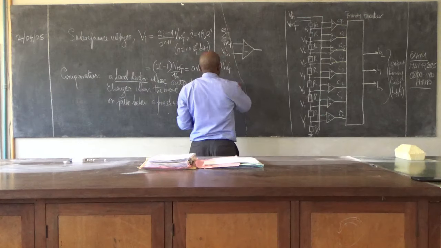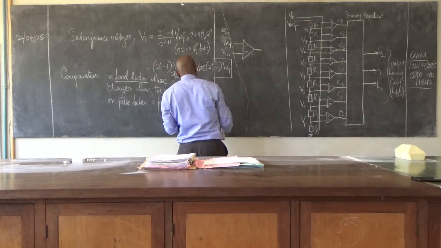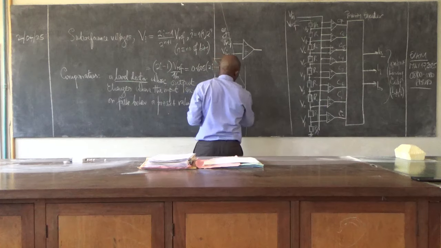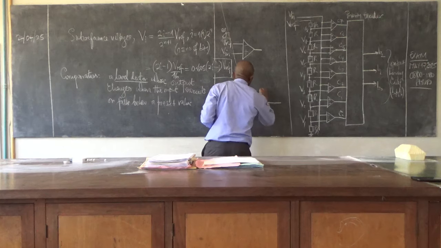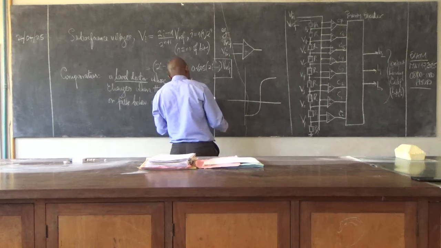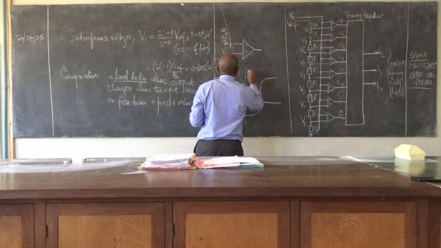So then we would have a graph, a level detector, whereby we would have falling below a given value and rising above a given value.